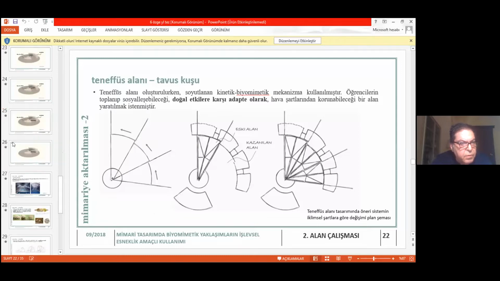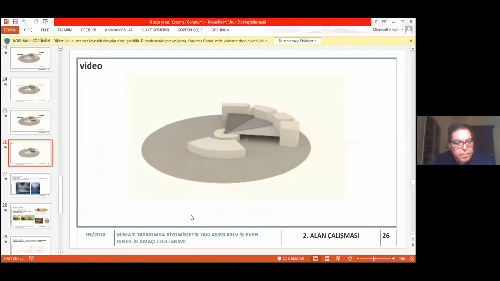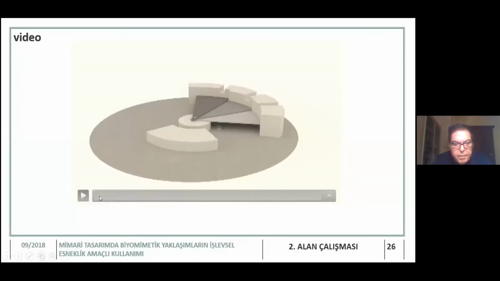Let me show the animation. The inner courtyard of the elementary school, the roof of this court is movable.